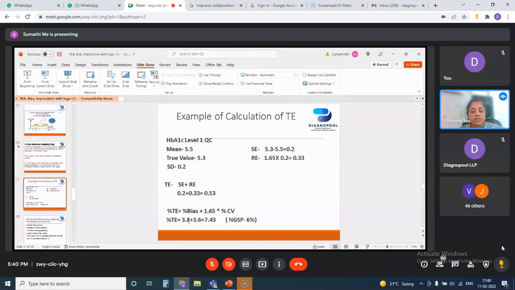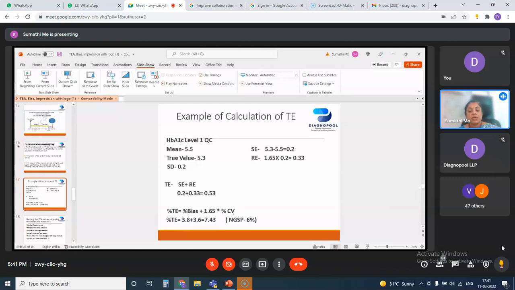So that gives 3.8, and then 1.65 times percentage CV. Percentage CV is calculated by SD divided by mean times 100. So that will give about 7.43.